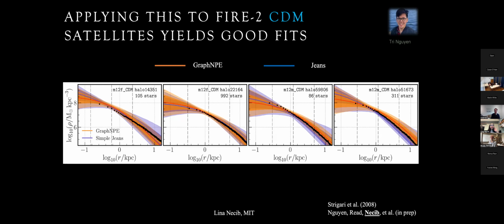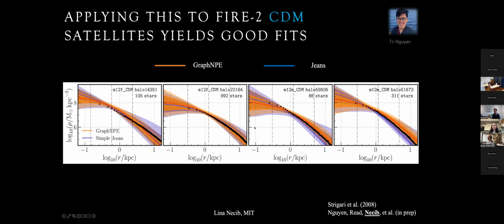So we applied this to cold dark matter satellites, and it yields very good fits. You can see here our method, graph MP, in orange. The black is the data points for the dark matter on the inner part. And you can see there are a lot of points in here, even though I'm saying 100 stars, because these are the dark matter particles.